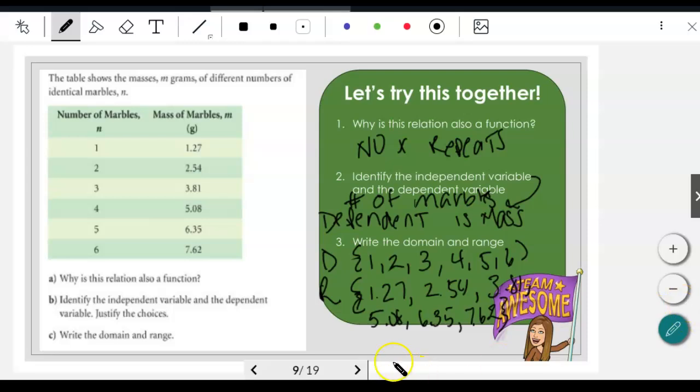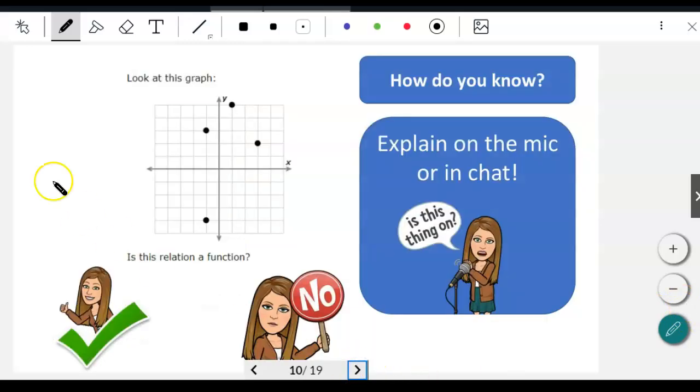Okay, let's go ahead and look at a graph to determine if this is a function or not. I'm going to write these as ordered pairs so you can see these values. This should have been done after our vertical line test, but I'm going to do this first.